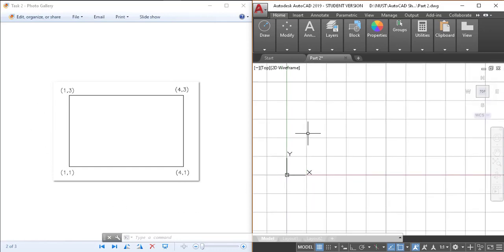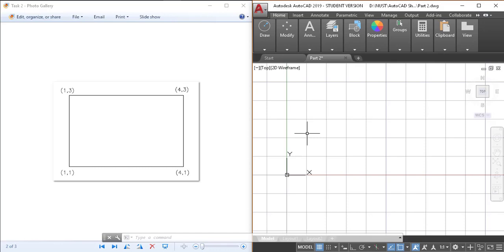In the previous attempts to do this drawing, we actually gave x and y coordinates of each and every point. In ortho mode, number one, we can only draw either vertical or horizontal lines, and number two, we just have to give the value of one coordinate.